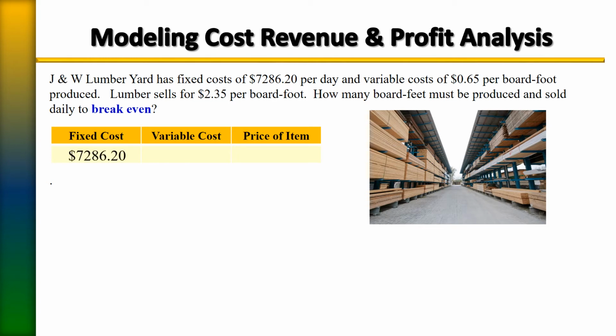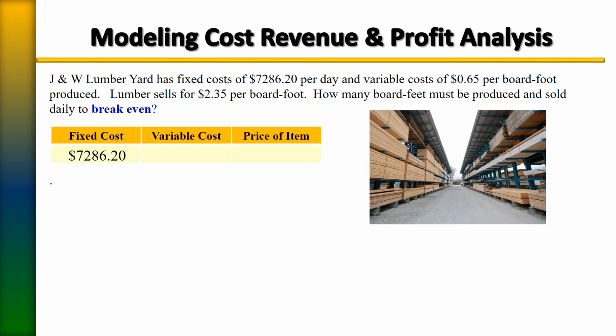Next, we want to identify our variable costs, and recall the variable costs are the expenses that change with the number of items that are produced. So in other words, the more items that you have to produce, the more it's going to cost you in terms of materials and so forth.